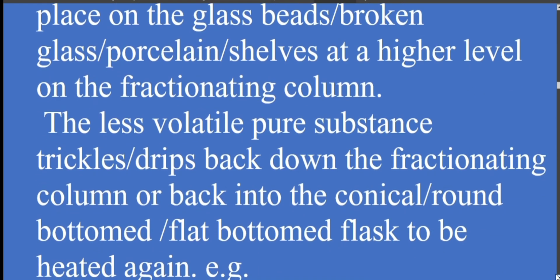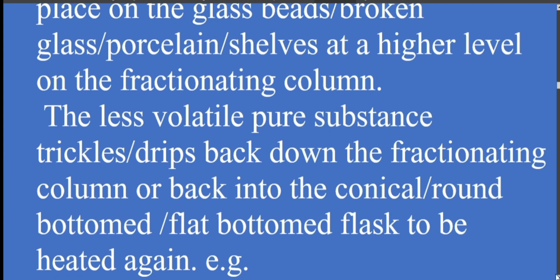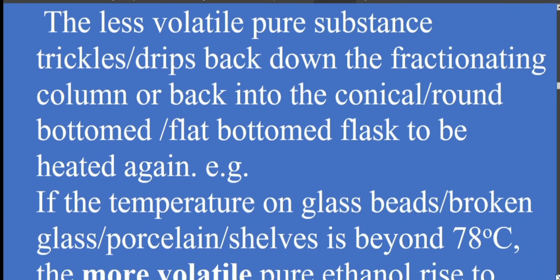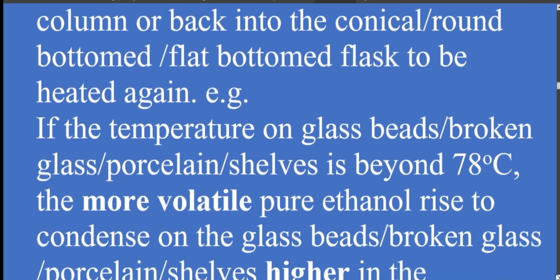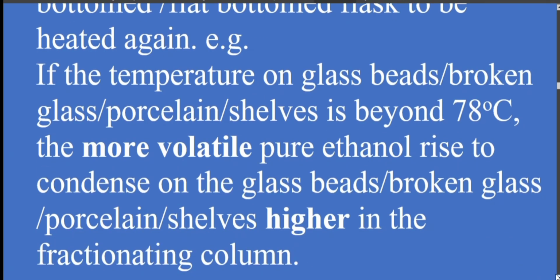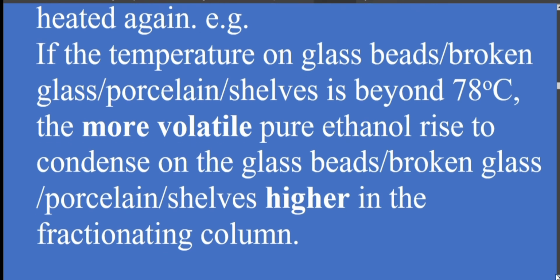So the fractionating column will tend to bring back the liquid that has not reached its boiling point to be heated again. If the temperature on the glass beads or broken glass is beyond 78 degrees, the more volatile pure ethanol rises to condense on the glass beads, broken glass, porcelain, or shelves higher in the fractionating column.